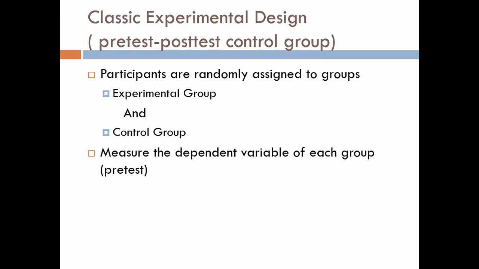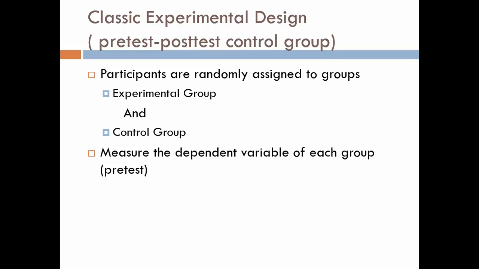The way that it's run is we have our sample, we've gone and created our sample, and then we randomly assign the people in our sample to two different groups, an experimental group and a control group. Then we want to measure the dependent variable of each group, which is our pretest. So let's say we're doing a study.